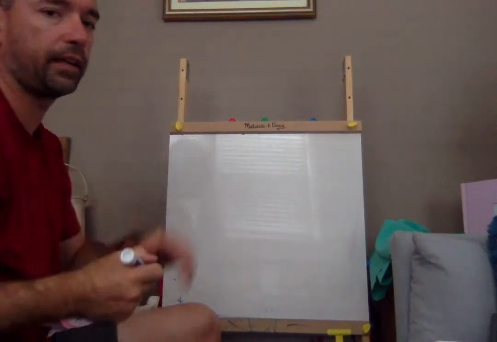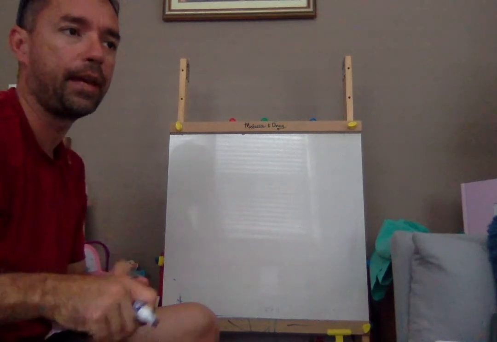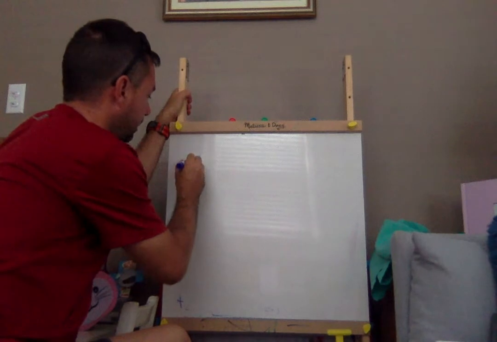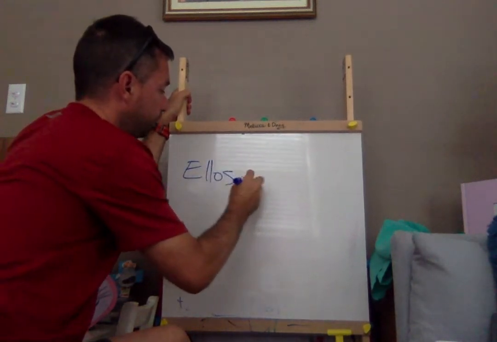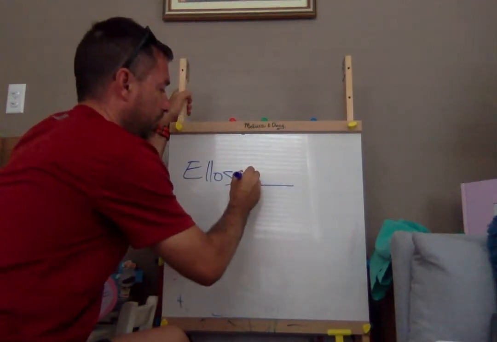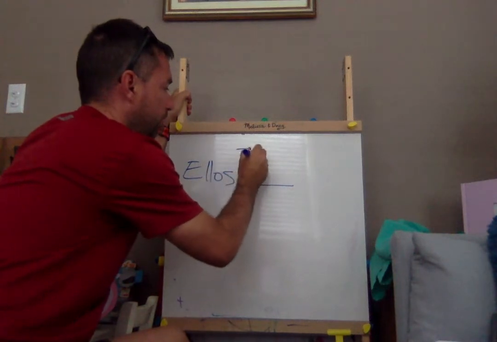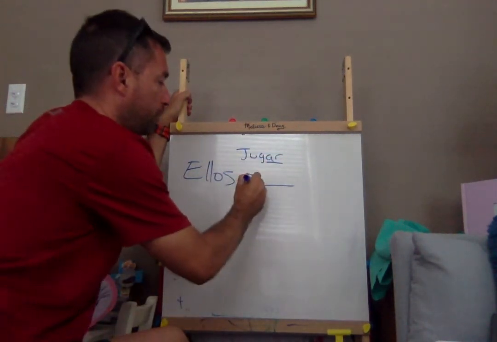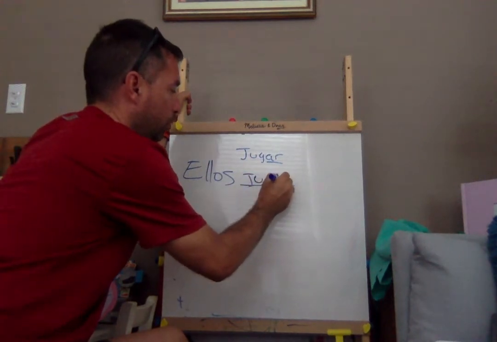All right. So if I say they played soccer yesterday, okay, I'm going to say ellos. Played would be jugar, the original word. Since it's they, the ending would be jugaron.